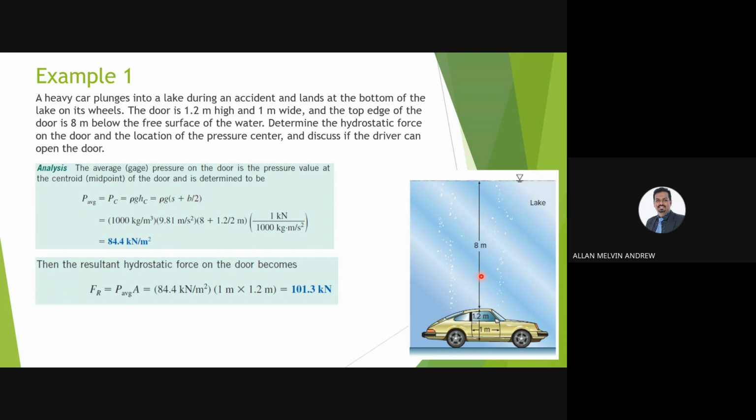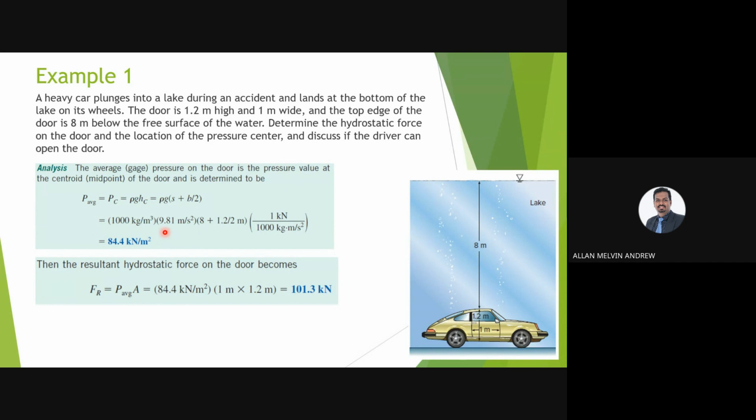Here s is 8, plus b over 2, where b is this distance, 1.2, so 1.2 divided by 2. Rho is 1000 kilograms per meter cubed because it's a lake and they say it's water.